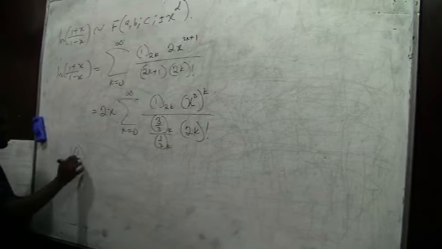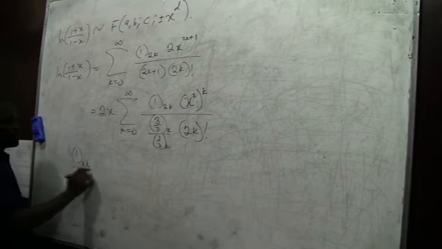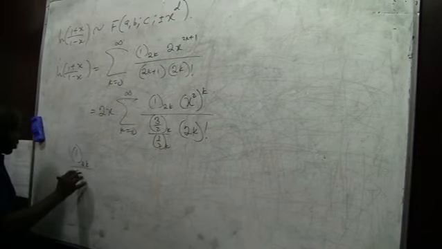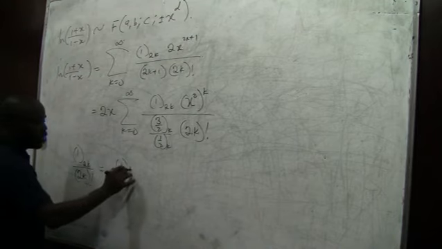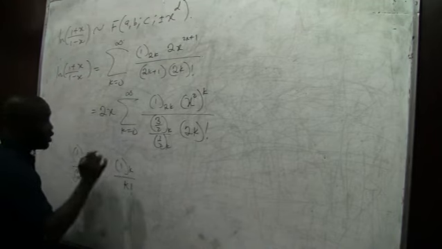Now it can be established that (1/2)_{2k} divided by (2k) factorial is the same thing as (1/2)_k divided by k factorial. That can actually be established.